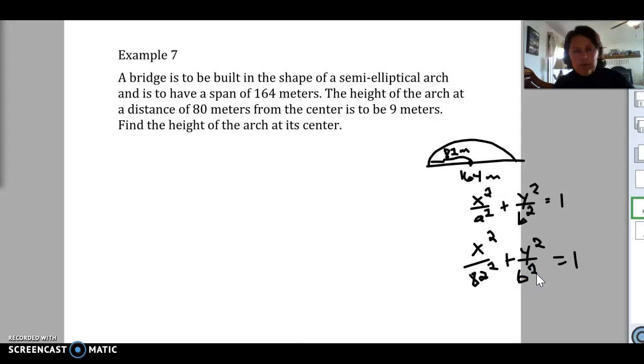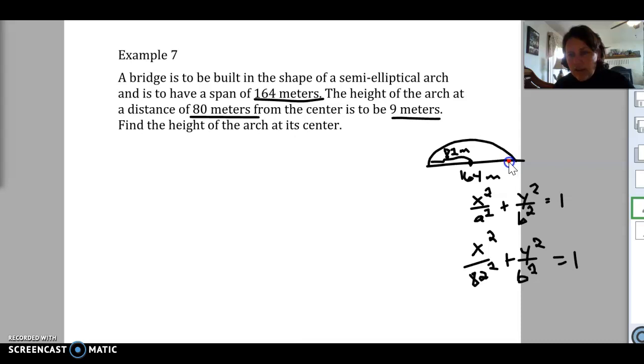So let's keep going through the information that they give us. We took care of the 164 meters. We got that entered in. It also tells us the height of the arch at a distance 80 meters from the center is to be 9 meters. So they are giving us just one piece of information. So if half of it is 82 meters, then this 80 meters is going to be really close to the edge here.